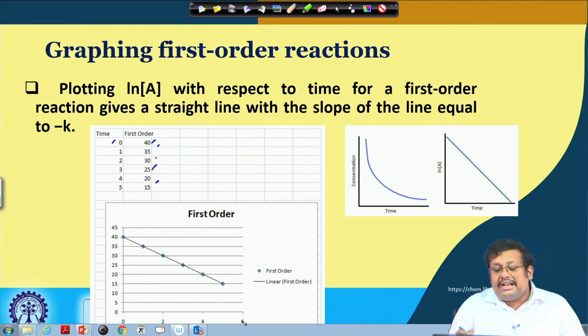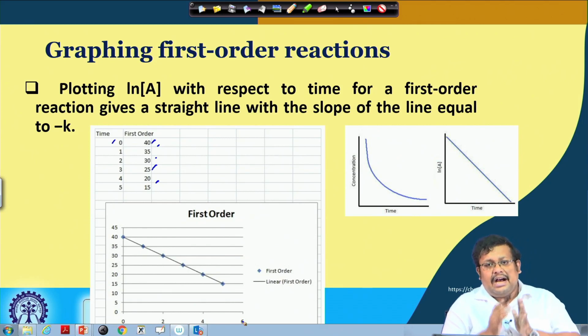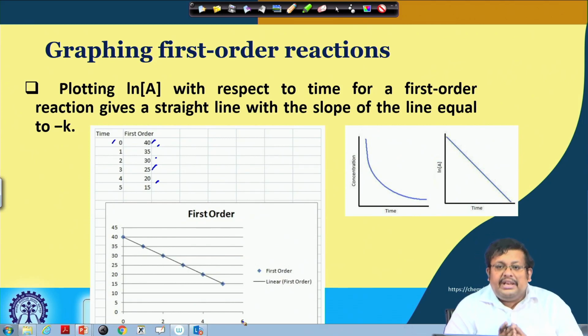If you plot that, you will basically get a straight line. So, empirically, a first order reaction can be identified by just plotting the concentration, or logarithm of concentration, versus time.